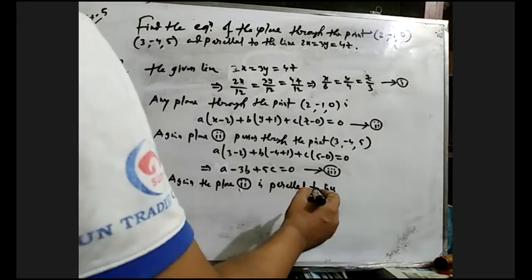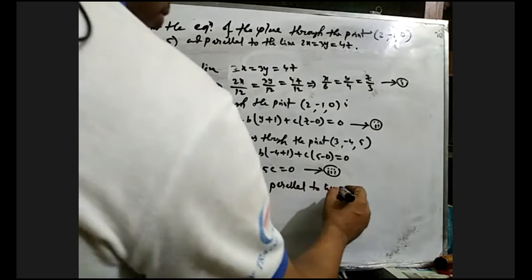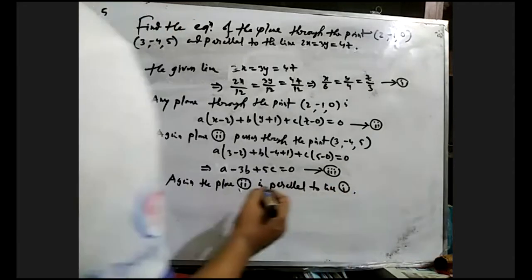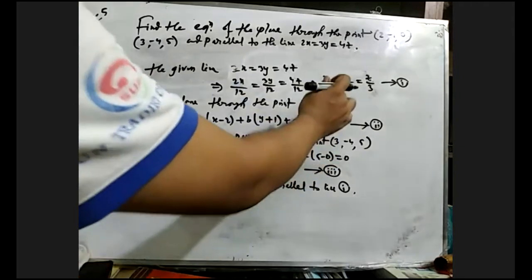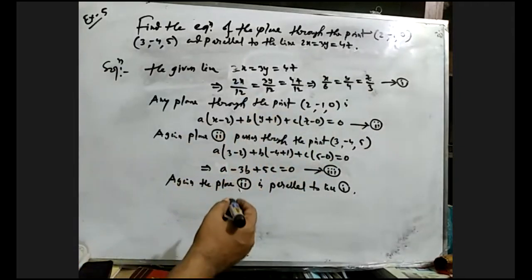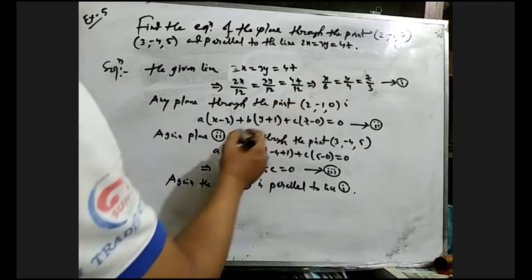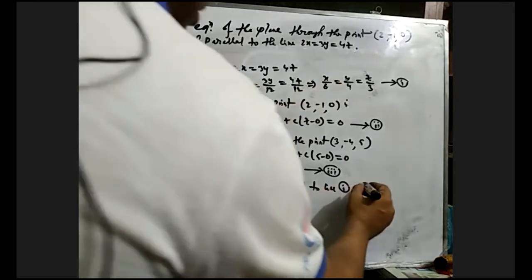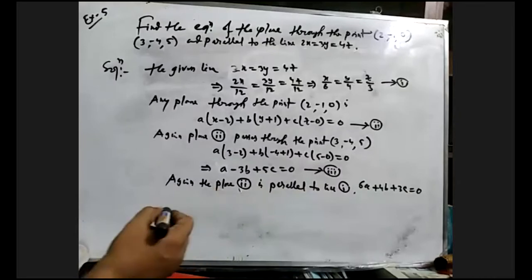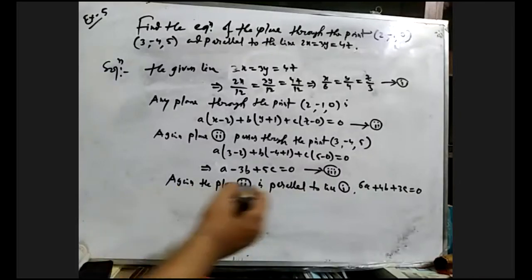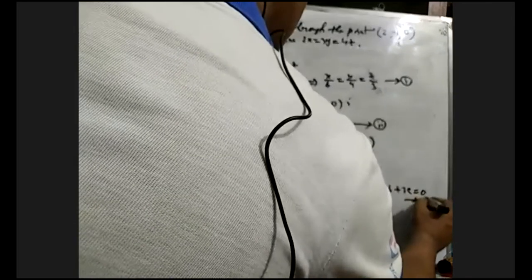If line 1 and this plane 2 are parallel, then with the directional ratios we can write 6a + 4b + 3c = 0. And this is equation number 4.